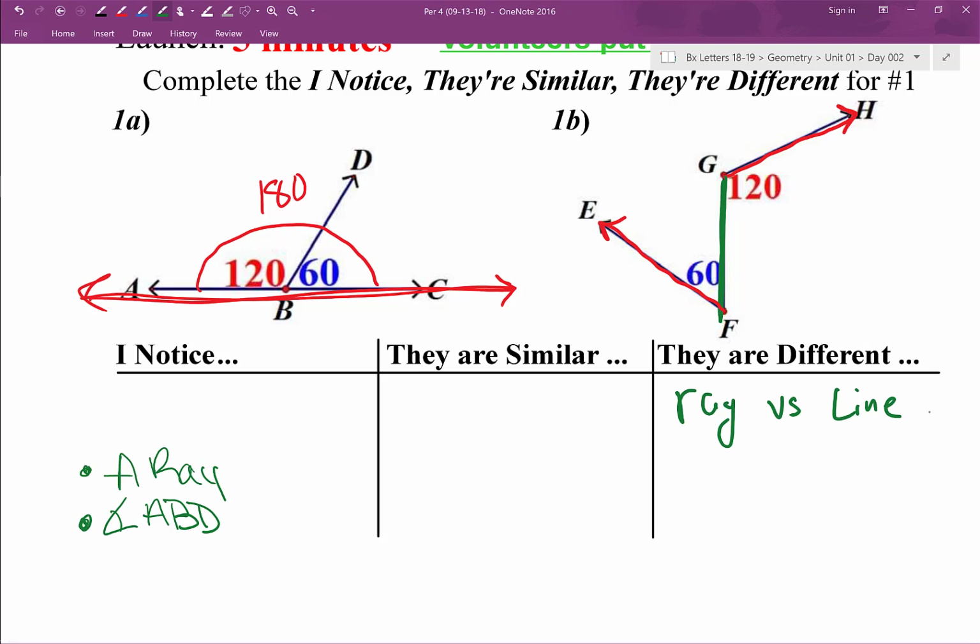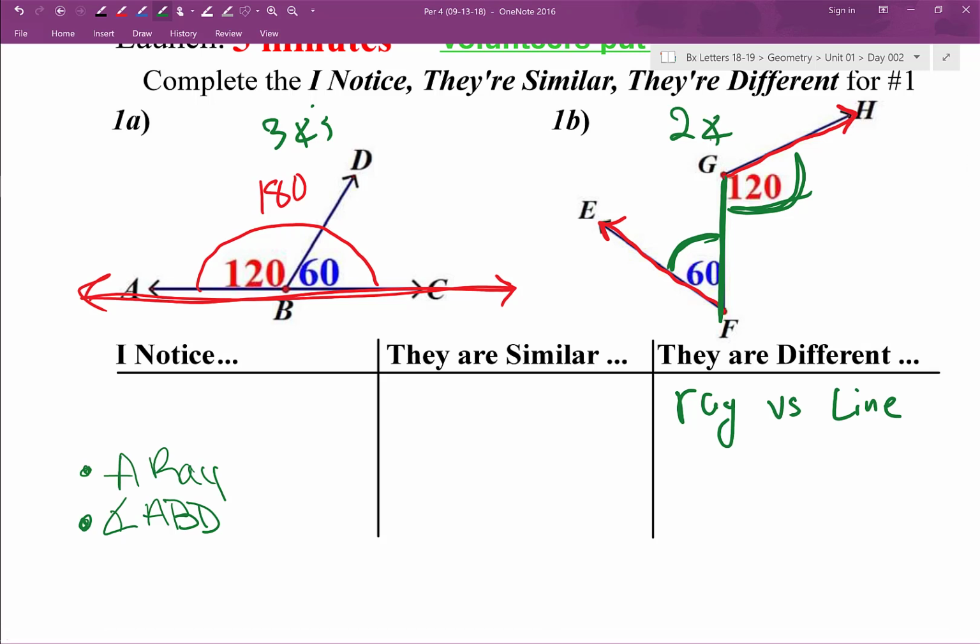How are they similar, though? They both have how many angles? Ooh, that's actually a difference. The first one has 3 angles. How many angles are in the second one? 1, 2. That second setup doesn't have 3 angles.